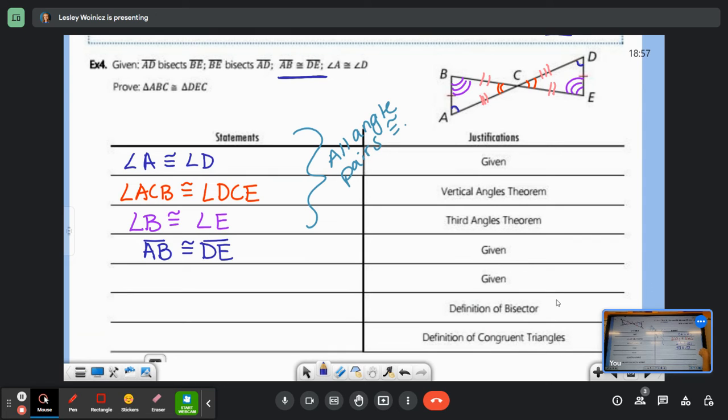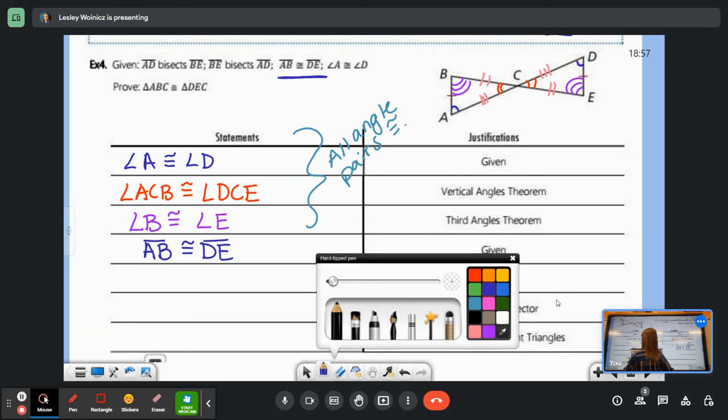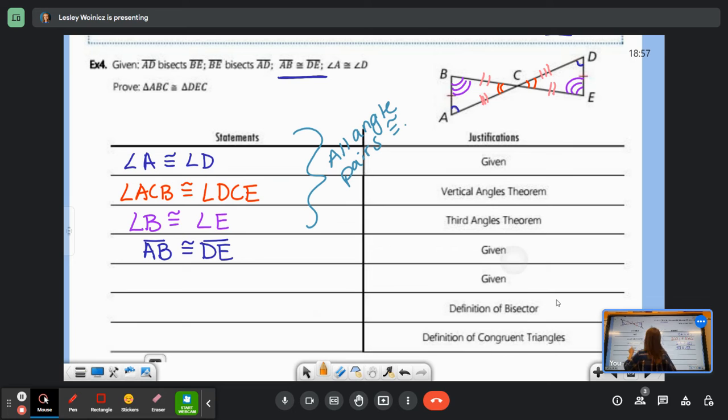Okay. The next thing we know is that AD bisects BE.